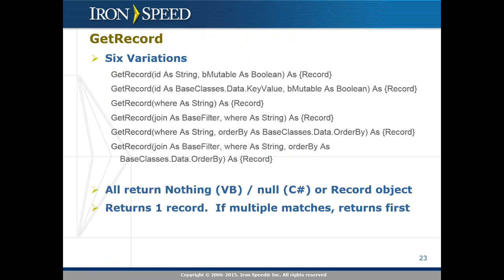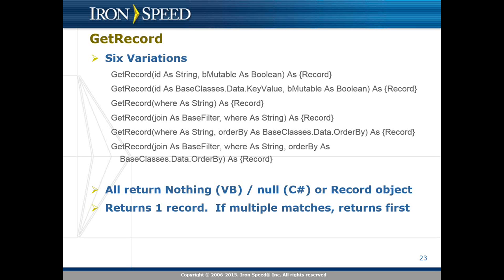There's a variety of variances for your GetRecord call. But you really need to just use the one that works for you for most of it. Okay. If you do a GetRecord call and it doesn't find it, in VB it's going to return a value of nothing, which is essentially the same as null in C#.